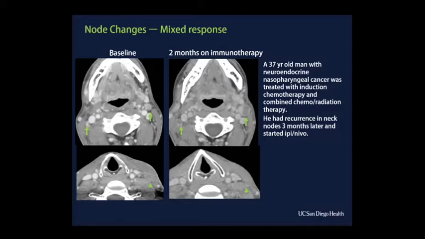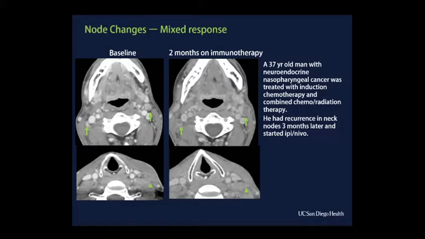So there's also a separate phenomenon called hyperprogression, where tumors have shown more than 50% growth after initiating immunotherapy. I'm very thankful that we've not had a case of that at our institution that I can share with you. But it is a known phenomenon that has been described, and the mechanism is not clear. It has been found more common in patients who are over 65 years and those who have recurrence in previously irradiated areas.